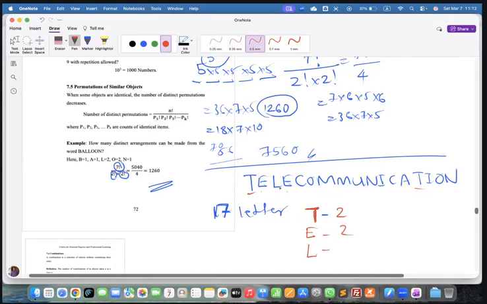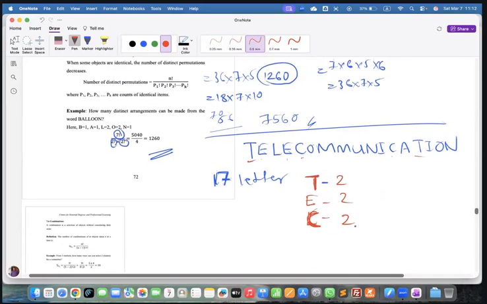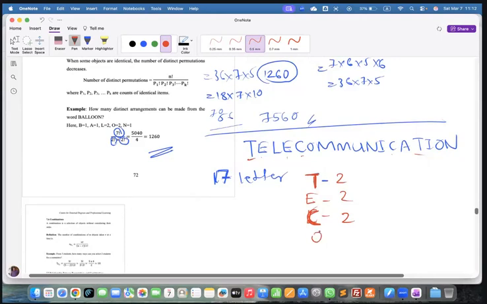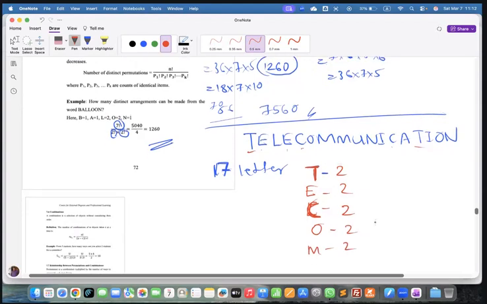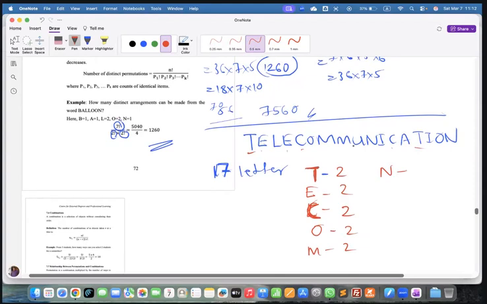So you don't need to worry about L. So how many C's do we have? 2 C's. How many O's? How many times did the letter O occur? 2 times, right? How many M's? 2 times. How many N's? 2 times. How many I's?